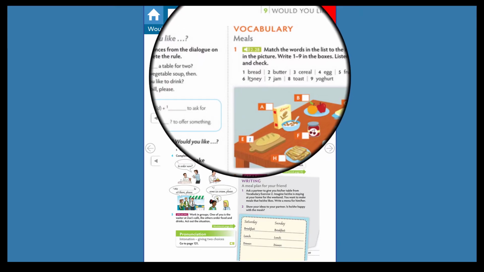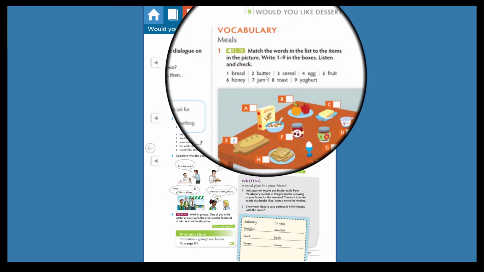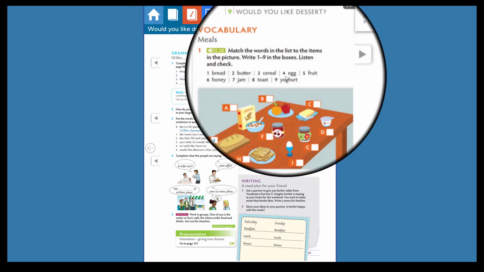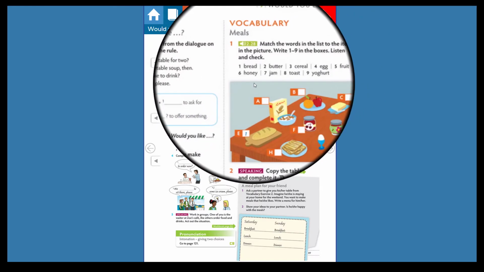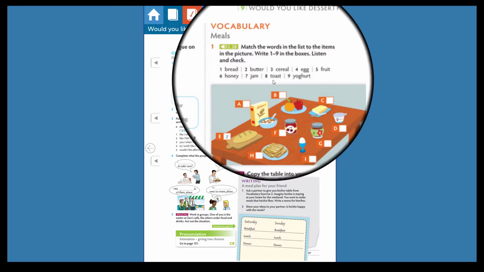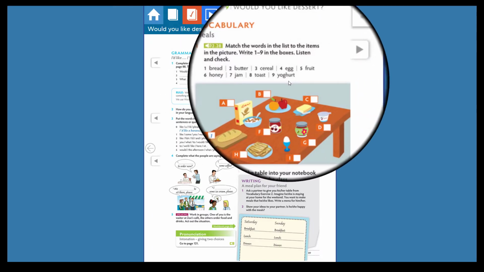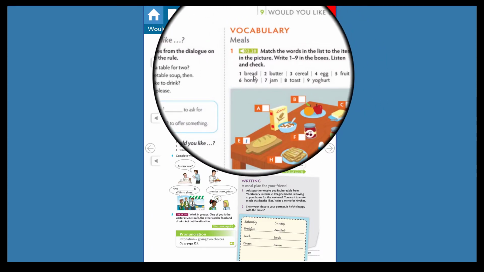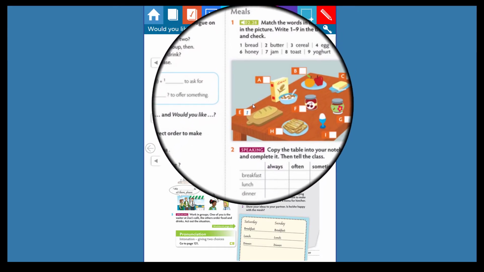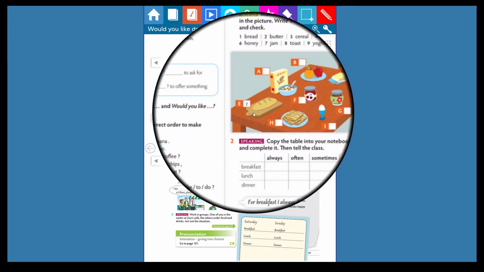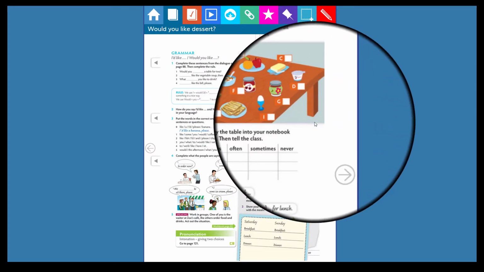So the words are bread, butter, cereal, egg, fruit, honey, jam, toast, and yogurt. Okay, and number 1, bread, is letter E. That is the example. So I need that you please stop the video now, stop the video, and do the activity.